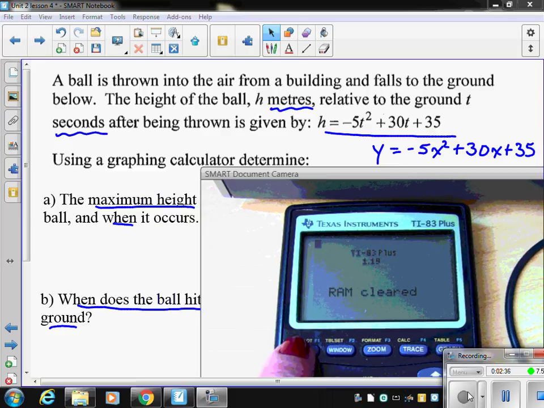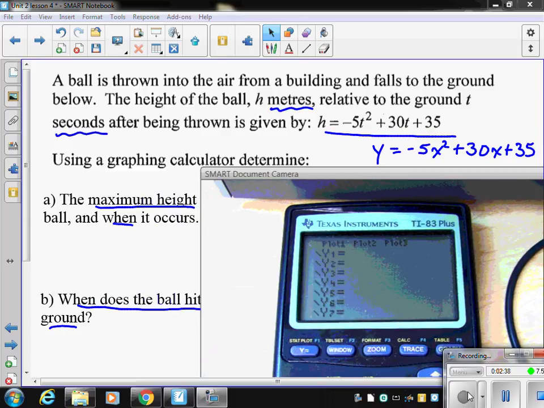To type this in, I need to hit y equals, and I'm going to write negative 5x squared plus 30x plus 35. The negative is down at the bottom of the calculator, and it's fairly small, not a subtract. Negative 5x squared, and we'll play with this later, plus 30x plus 35.